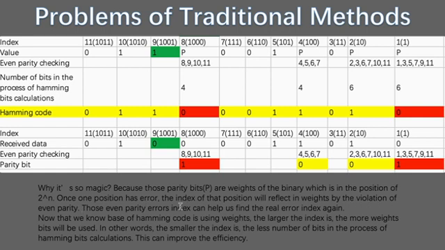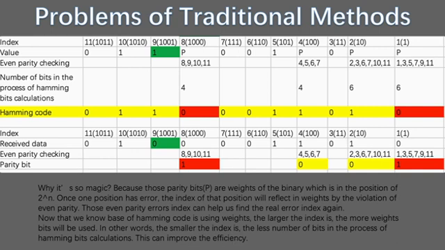Those even parity errors in the index can help us find the real error index again. Now that we know the base of Hamming code is using weights, the larger the index is, the more weight bits will be used. In other words, the smaller the index is, the fewer bits are used in the process of Hamming bits calculation. Therefore, this can improve the efficiency.